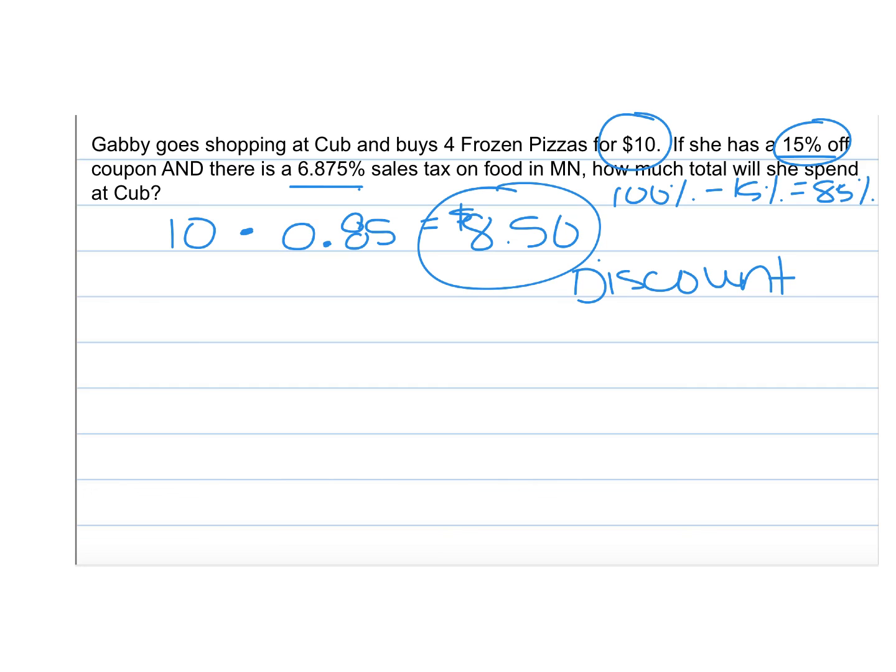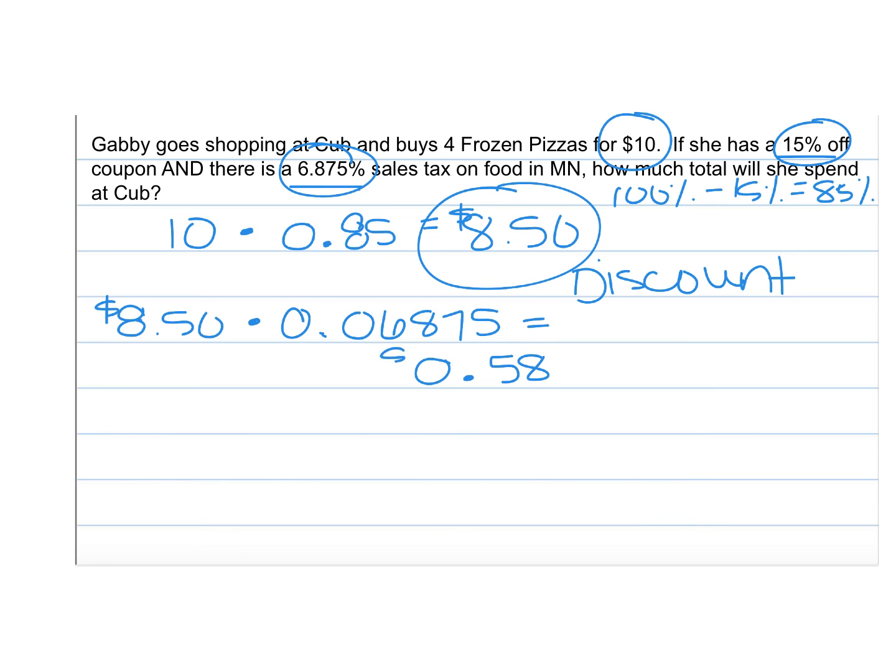So now with my new price, $8.50, now I'm going to add a sales tax of 6.875%. So now we're going to change that to a decimal, so 0.06875. So $8.50 times 0.06875 is 0.58, so 58 cents.